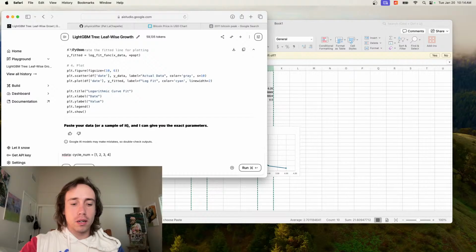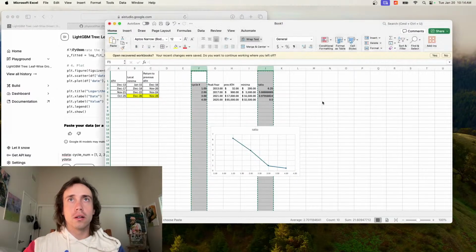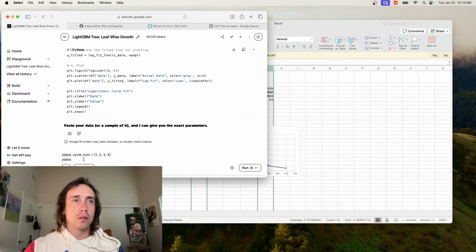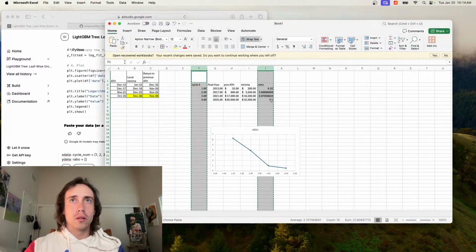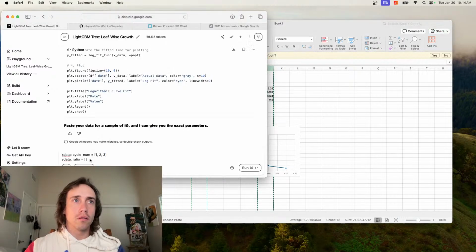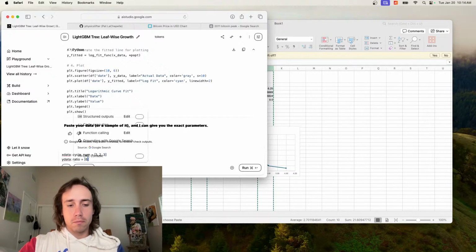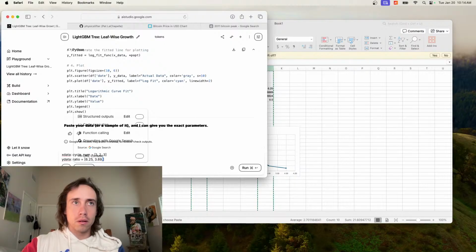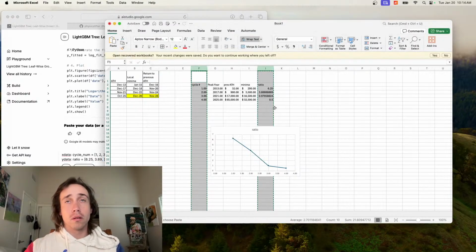Then we have y data. Nope. Is ratio is 6.25, 3.89, 0.97.